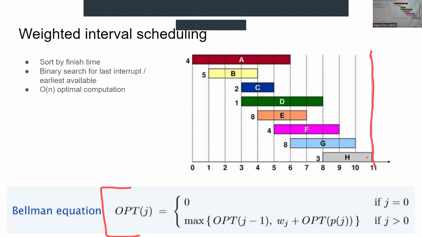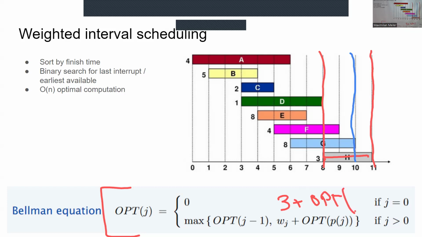I can either take this interval and then continue from here, or I can skip this interval and continue from here. So what that manifests itself as is this: if you took h, you would have 3 added to your total value plus the optimal value from D onwards, which is the optimal from P of J.